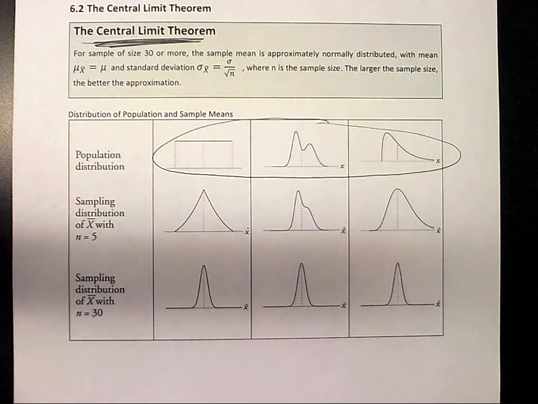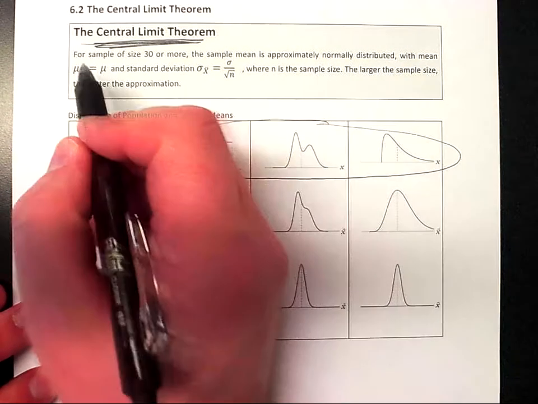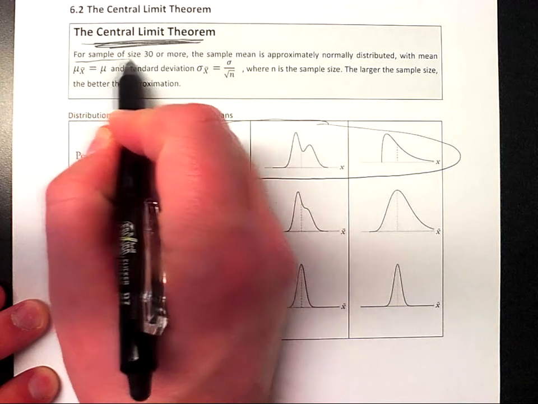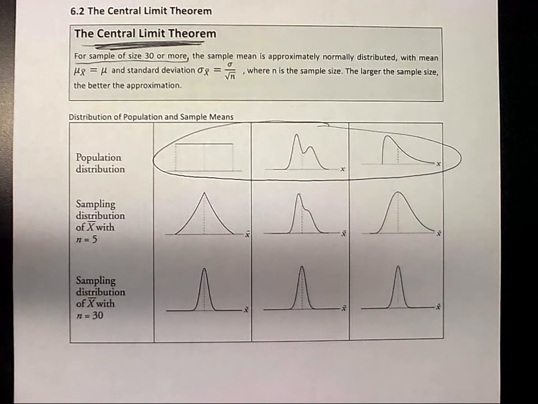All right, so here's the main point that I want to get across to you guys. Now tune in for the last 30 seconds so I can get this point across. The main thing that you have to worry about is that we need a sufficiently large sample size, which means a sample size of 30 or greater.